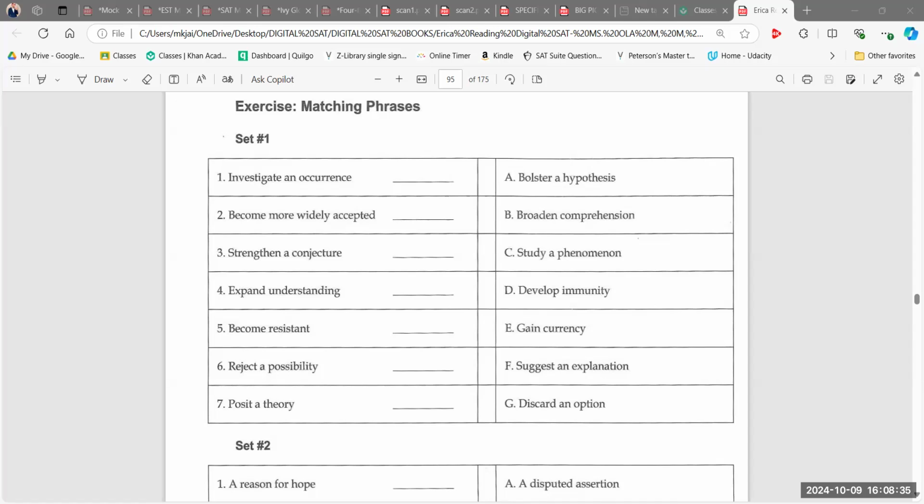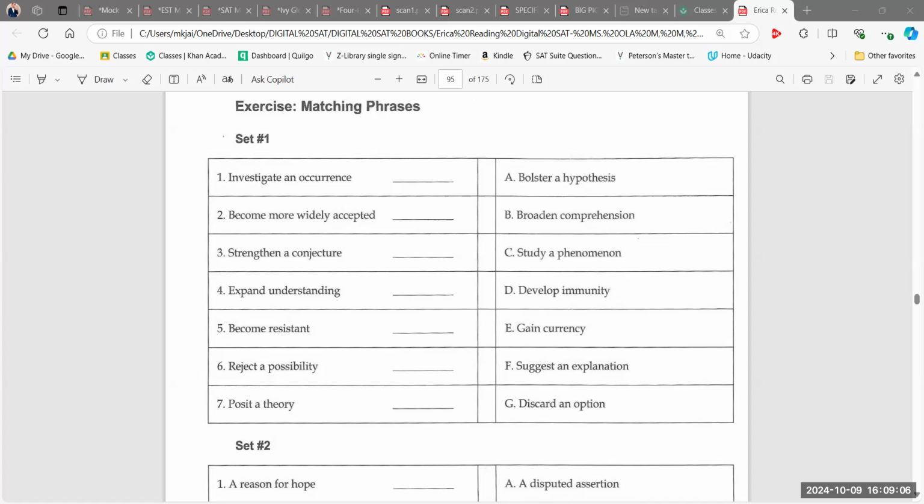We've got a similar percentage, 26% of the whole test, from 12 to 14 questions. What kind of questions do we have in that domain? We've got central ideas and details, asking about the main idea of the whole text, or specific details: what's true about this person according to the text?